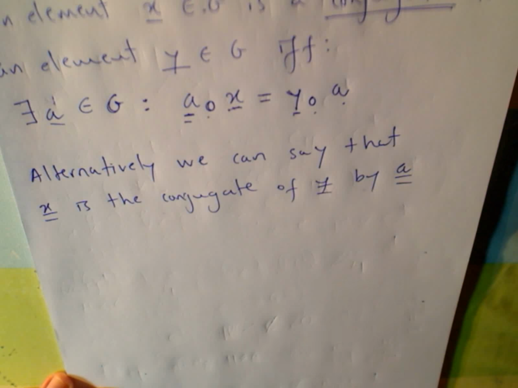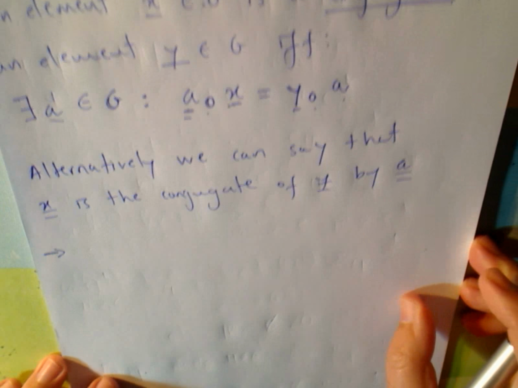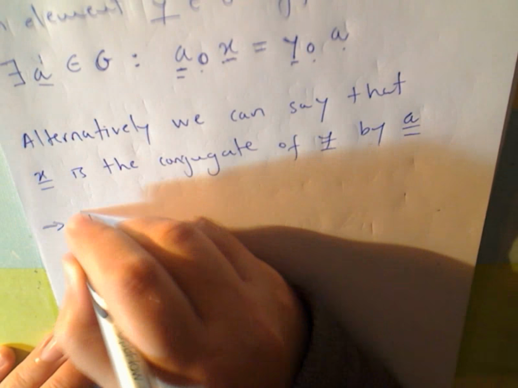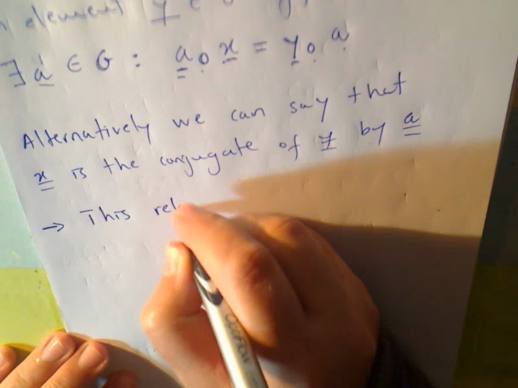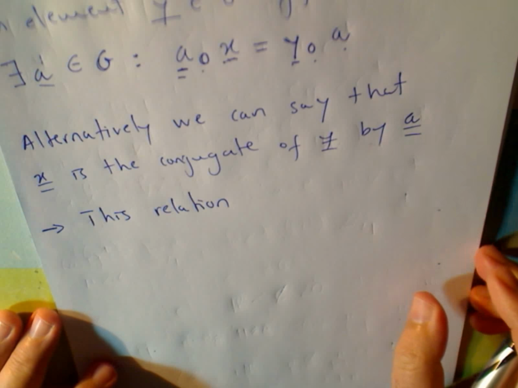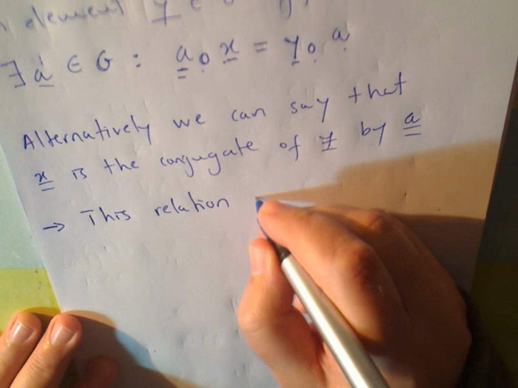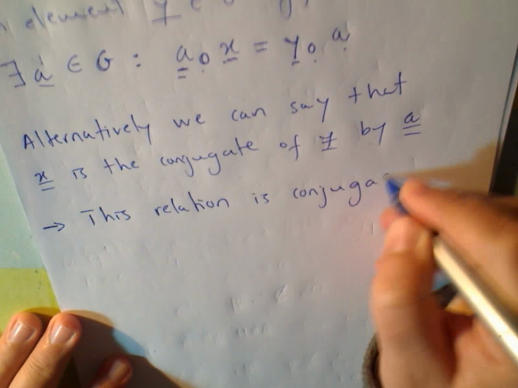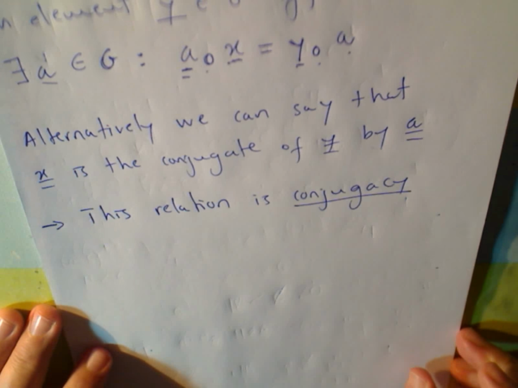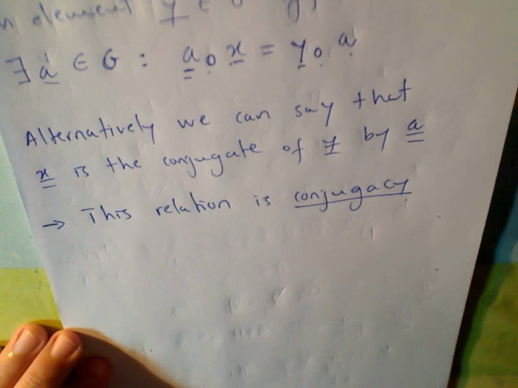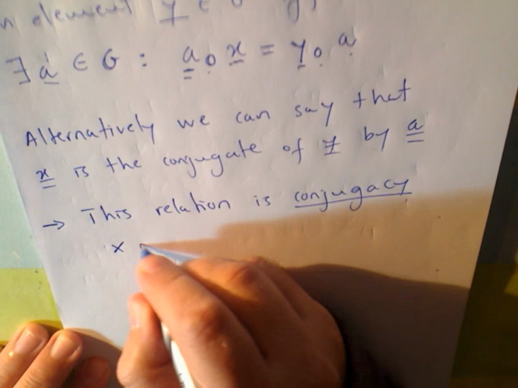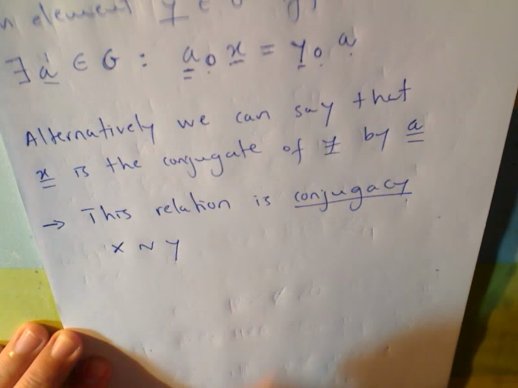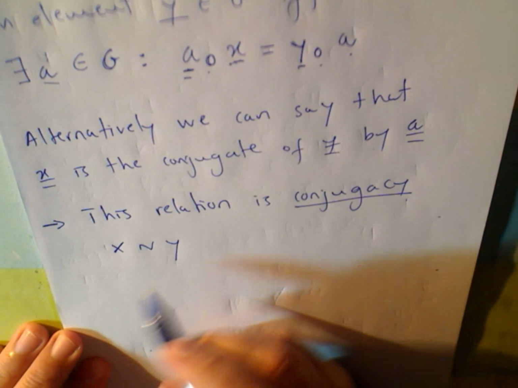So this relation, we call it conjugacy. So we write it this way: X is conjugate of Y. Okay, this is the way we write it.